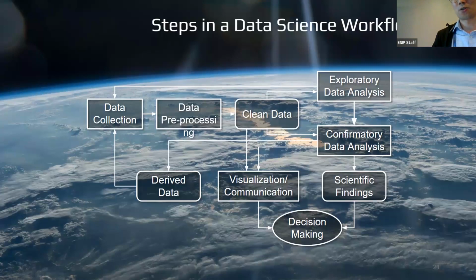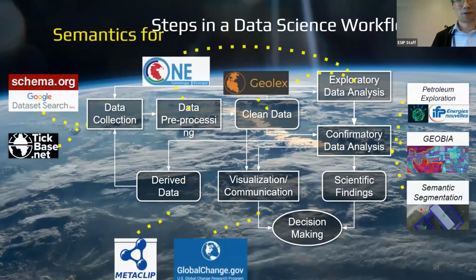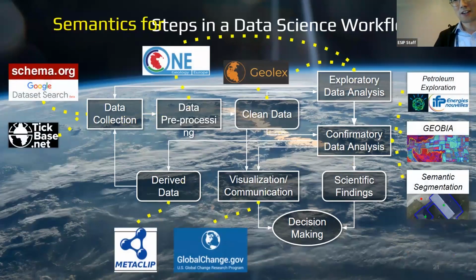Here I just use the so-called data science workflow as a way to lay out the landscape. And then I was trying to match a number of those use cases, research projects, or best practices as far as I know, and then see what is the most important highlight of this work related to semantic application.